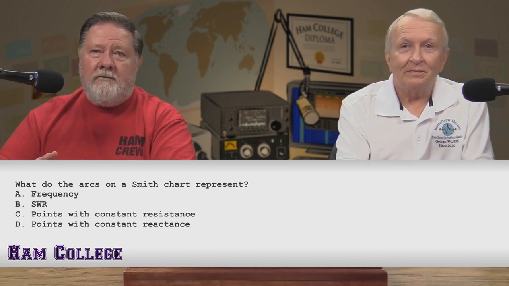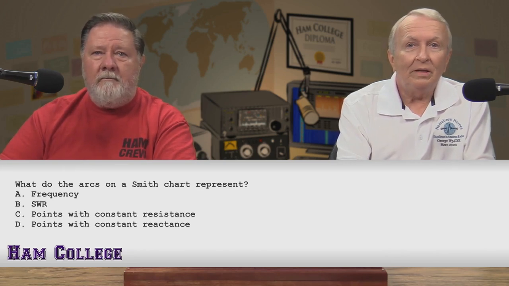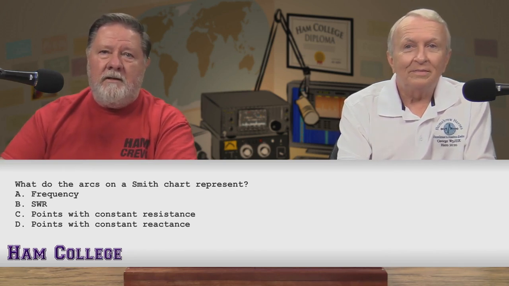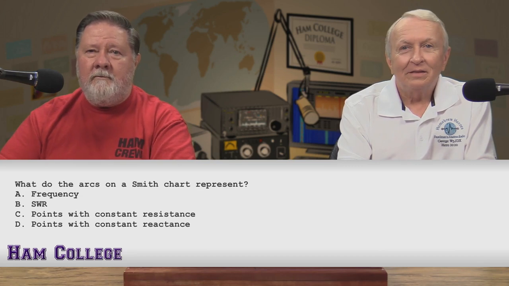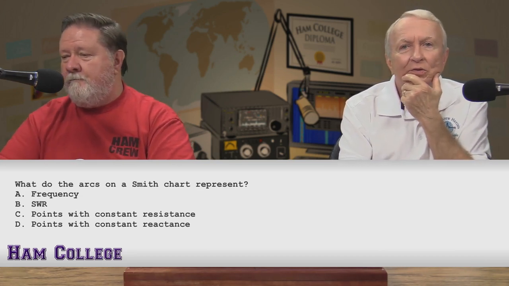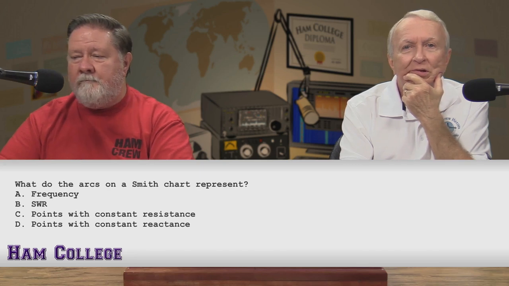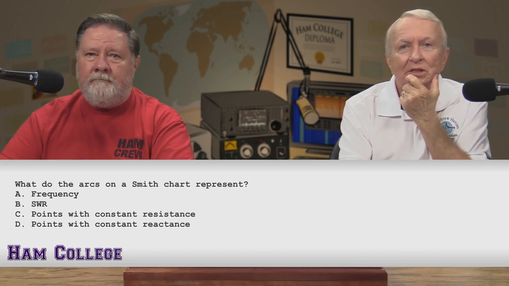What do the arcs on a Smith chart represent? A, frequency. B, SWR. C, points with constant resistance. D, points with constant reactance. Wow. What do the arcs on a Smith chart represent? Well, it's not frequency.